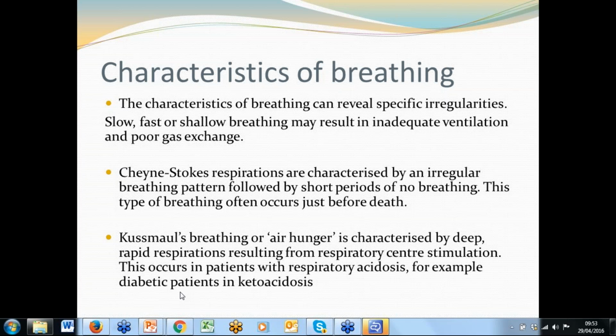CO2 is carried in the blood as a carbonic acid, and the body measures the amount of acid in the blood. So you have receptors in major arteries like your carotid arteries that are continually monitoring the acidity of your blood, and also to a lesser extent the oxygen level in the blood. And depending on the balance, to get the balance correct, then the respiratory rate will be adjusted.